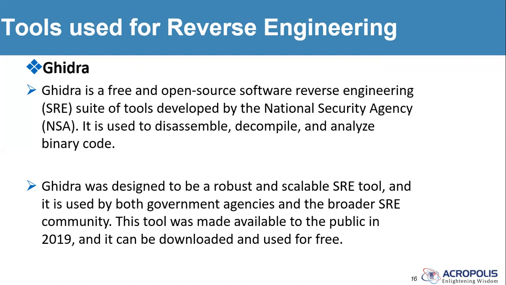Ghidra was designed to be a robust and scalable SRE tool, and it is used by both government agencies and the broader SRE community. This tool was made available to the public in 2019, and it can be downloaded and used for free.